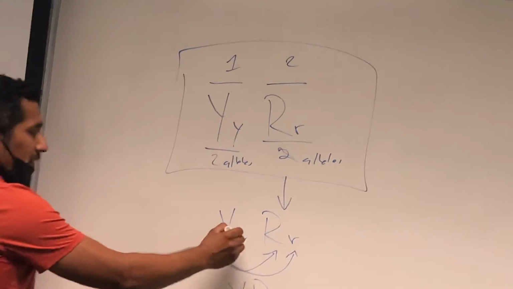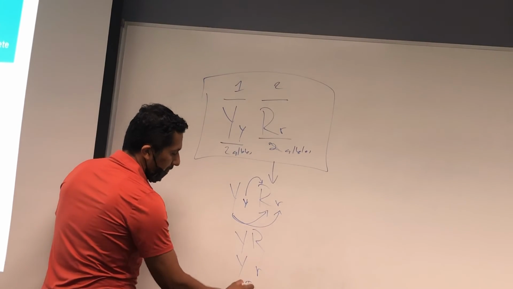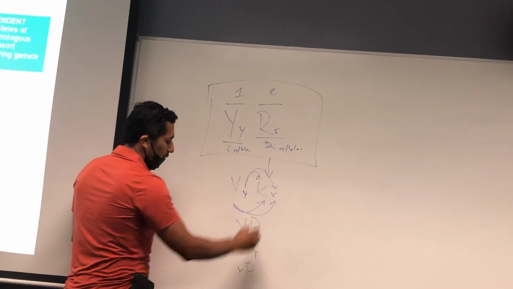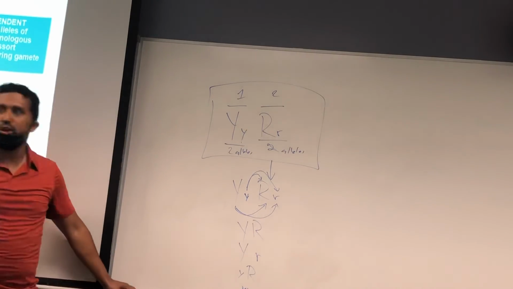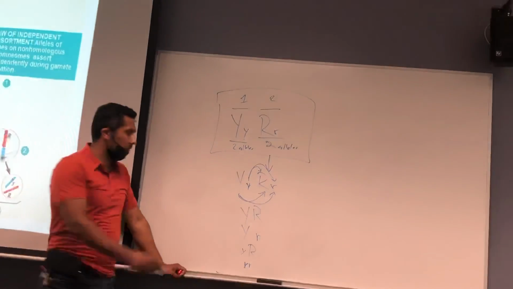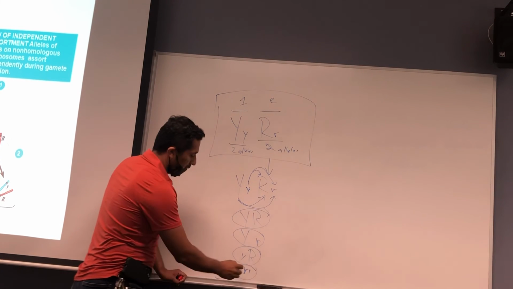At the same time, this little y can go with this big R, and it can go with this little r. Okay, so you have those 4 gametes: 1, 2, 3, 4.